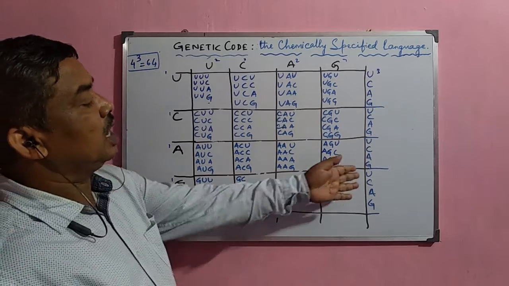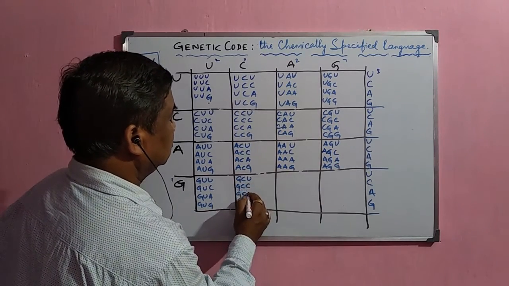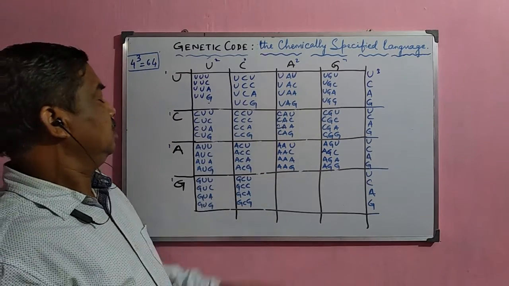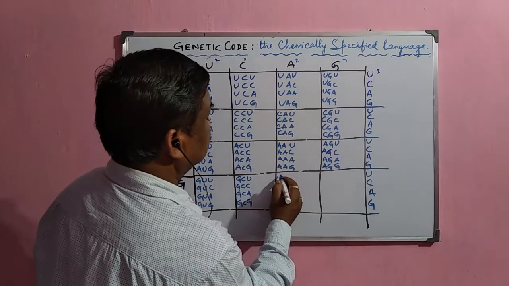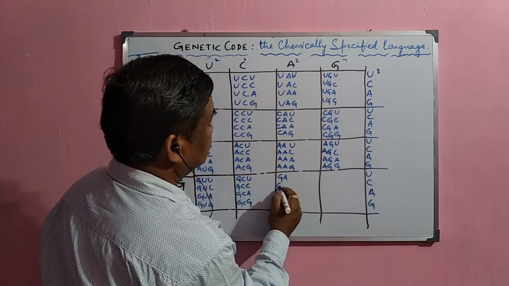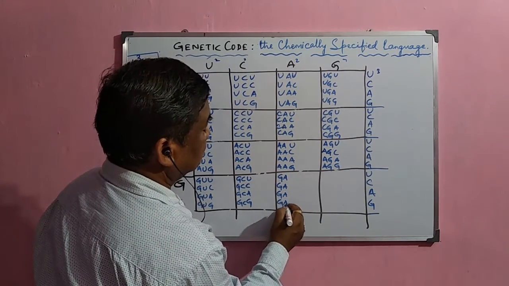Now after that, the third base for this combination is U, C, A, and G. Here the first base is G and the second is A, so GA, GA, GA, GA.